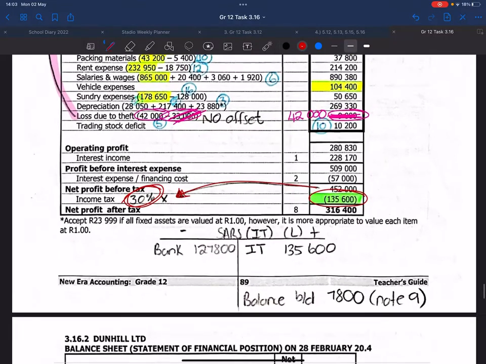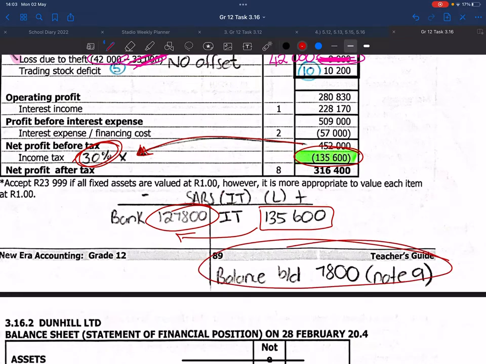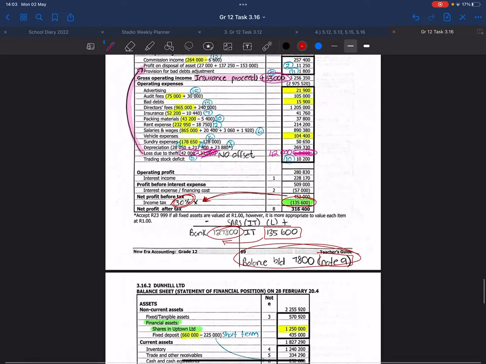And if you do your T account like normal, this is your provisional payments, and now the income tax exceeds the provisional payments that were made, so we end up with a credit balance, which means that we owe SARS money at the end of the year. So it goes under note number 9, trade and other payables, and we have a closing balance of 135,600.